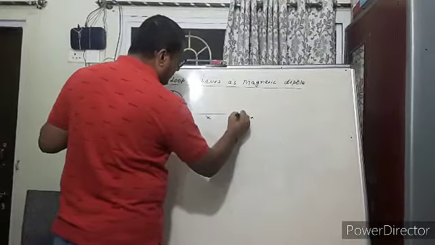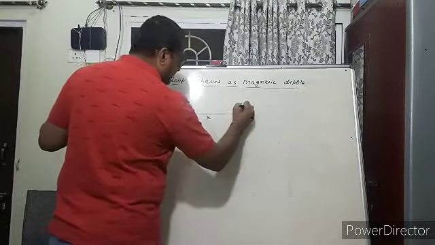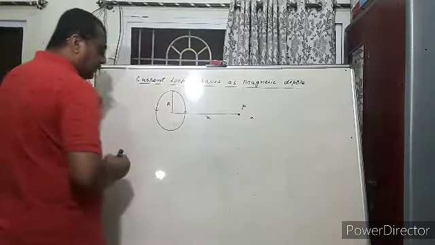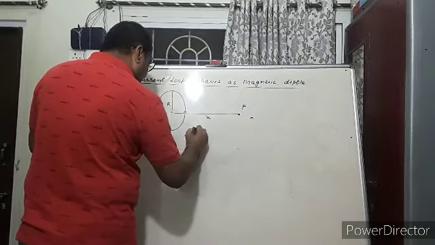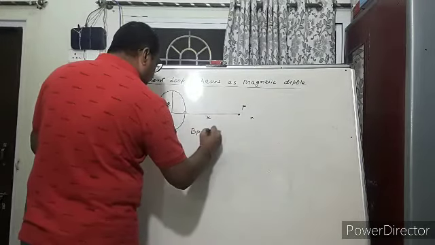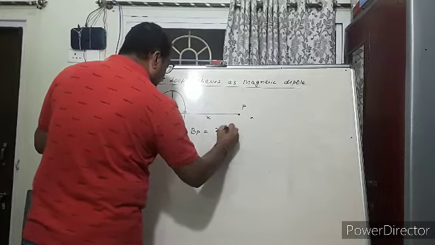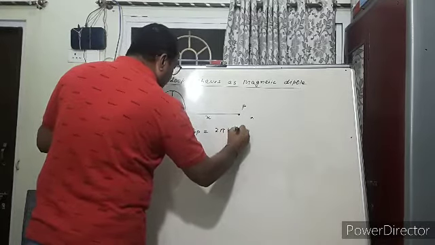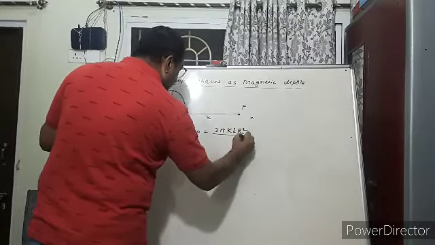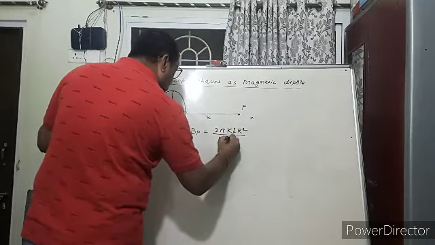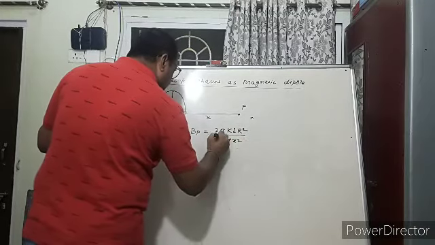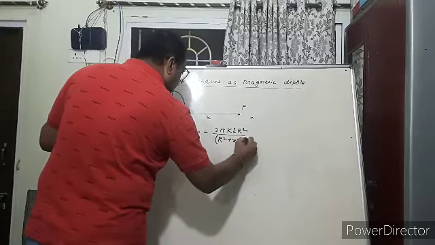Here we calculated the magnetic field. Magnetic field at point P was 2 pi k I r square divided by r square plus x square to the power 3 by 2.